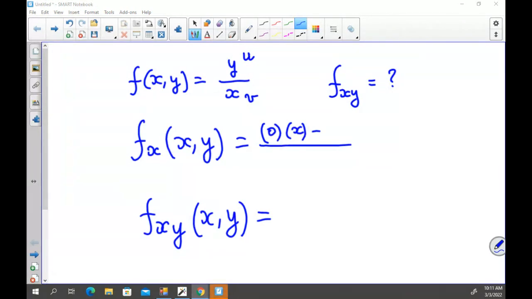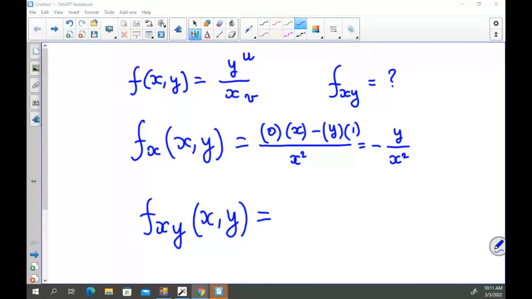So u dash v minus u v dash. What is the derivative of x with respect to x? 1. Yeah? 1 over x squared. Perfectly fine to do it this way. So the final answer here is minus y over x squared. This is fx.